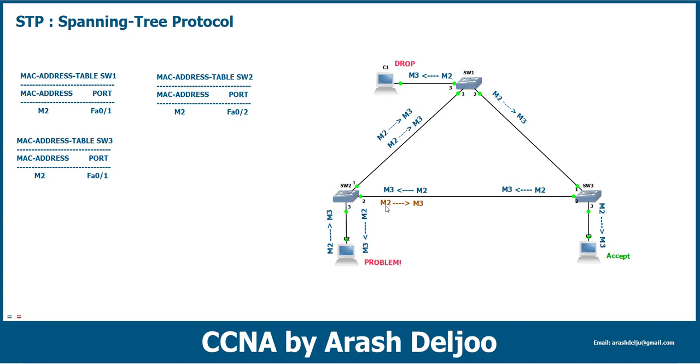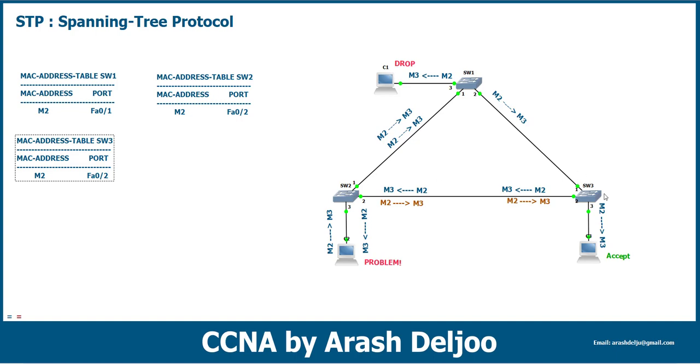As you can see now, the frame with the source MAC of MAC2 and destination MAC of MAC3 is receiving by the switch 3. Again, switch 3 now is learning the MAC2 on port 2 here, and it should change the MAC2 from the fast Ethernet 01 to the fast Ethernet 02.